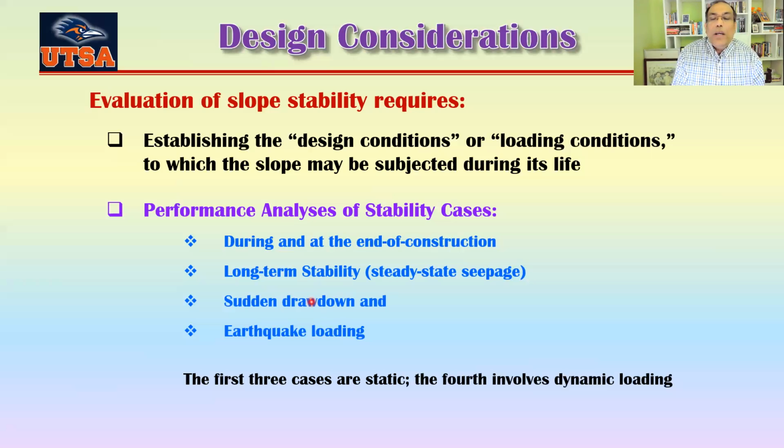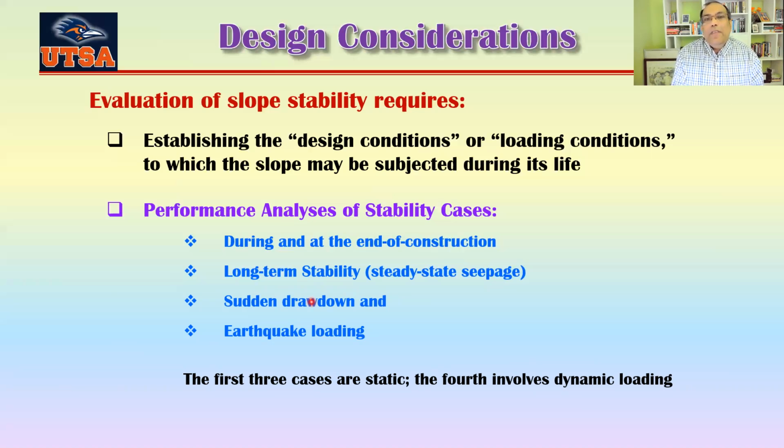And then earthquake loading. What happens when an earthquake occurs? You know that earthquake potential is not the same at every place. Some places have very high potential. Let's say the western part of the US, California, Oregon, or Washington state, have very high potential for earthquake.